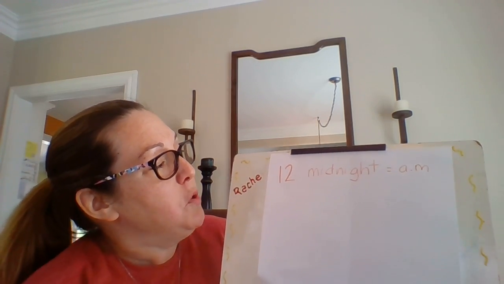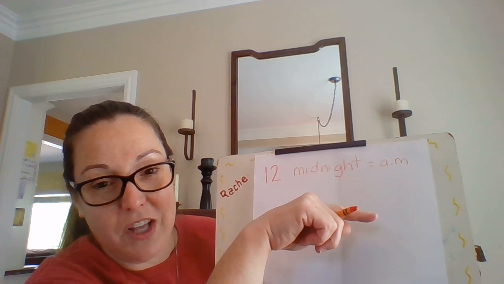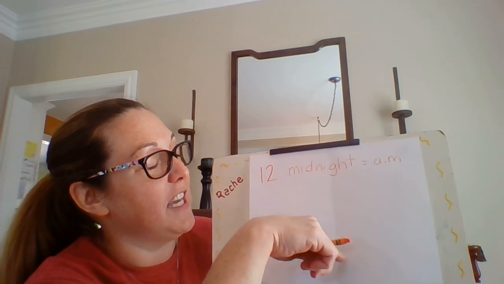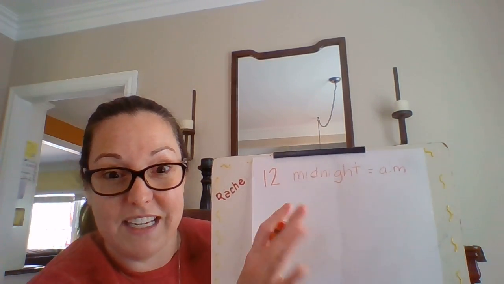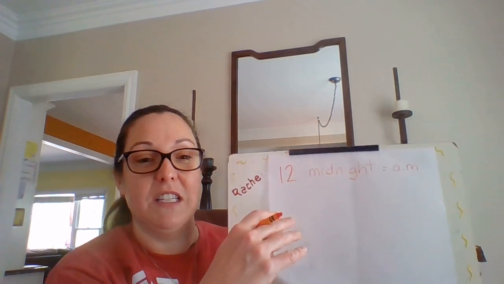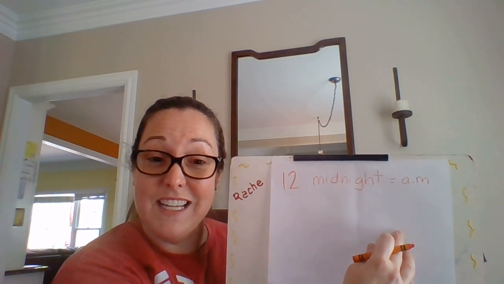And so 12 o'clock a.m., then it would go 1 o'clock a.m., 2 o'clock a.m., 3 o'clock a.m., 4 o'clock a.m., 5 o'clock a.m., 6 o'clock a.m., somewhere in there it's starting to get daylight. Around 6 o'clock a.m. So we need to remember that a.m. is kind of like also part of the morning where it's starting to get daylight.